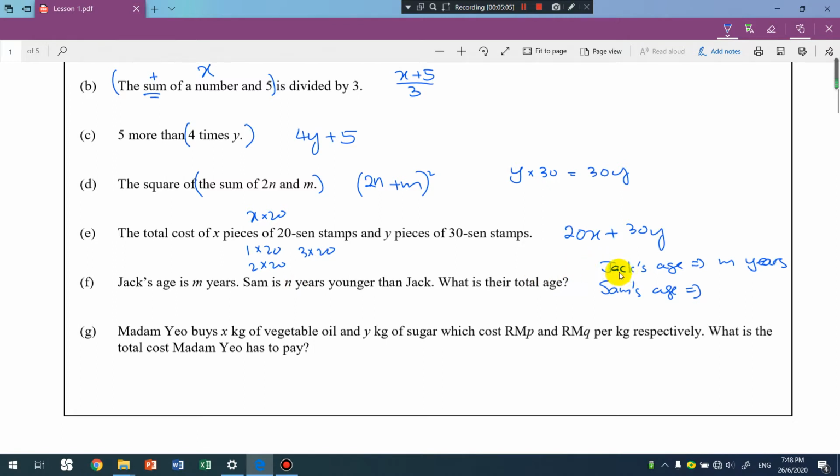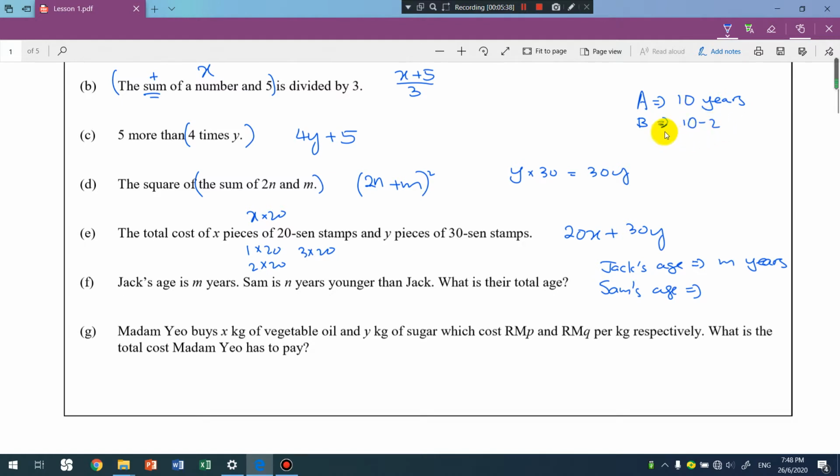If let's say 1 year younger than Jack, you take m minus 1. 2 years younger, m minus 2. 3 years younger, m minus 3. Can you understand? For example, let's say I have A and B. If A is 10 years old, and I tell you the age of B is 2 years younger than A, so definitely it will be 10 minus 2.